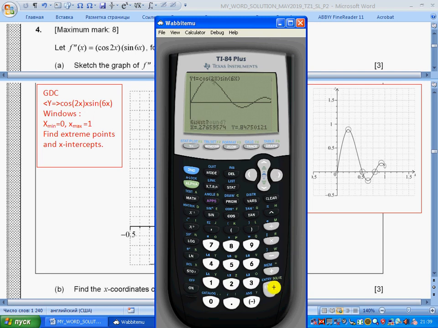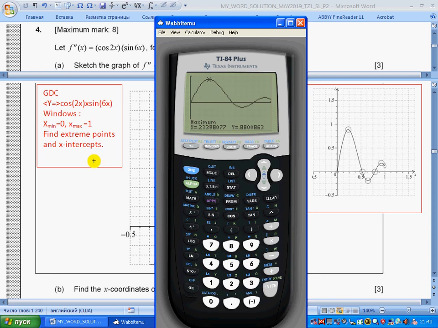Enter. Yes. So we have x equals 0.233 when we have the first maximum.